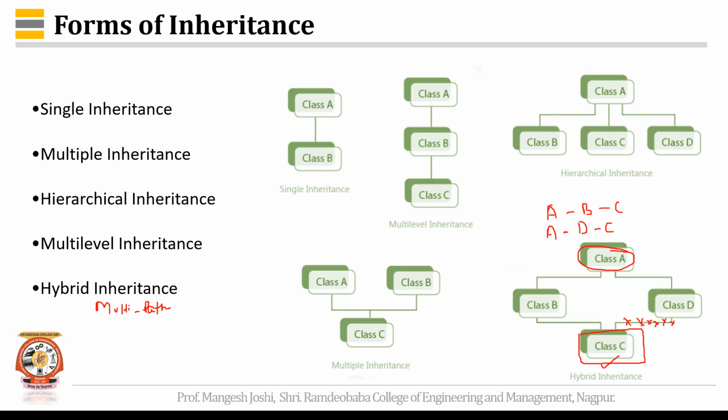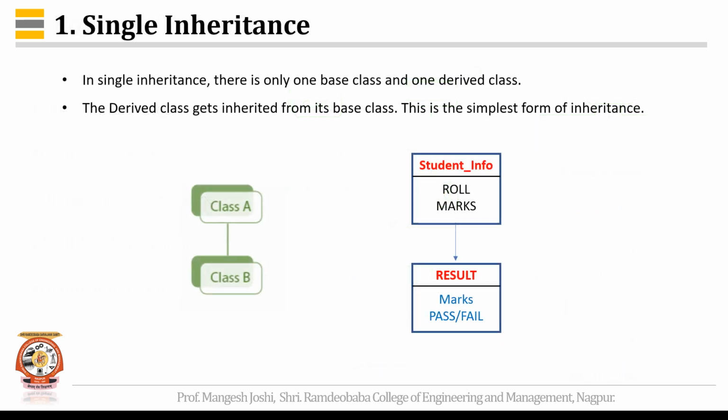So let us see some examples. First is single inheritance. It is very simple. In single inheritance there is only one base class and one derived class. The derived class gets inherited from its base class. So this is the simplest form of inheritance.